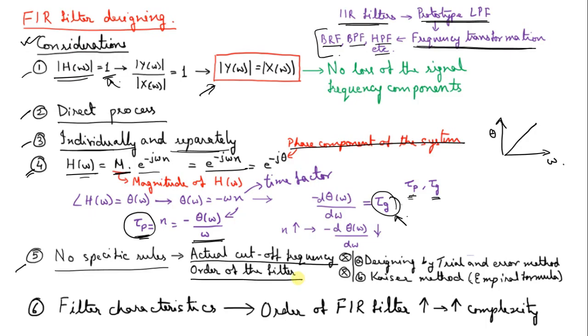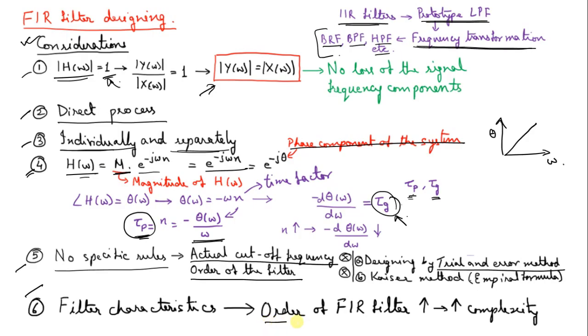So these two things we will not be able to prejudge. Depending upon what we are getting, based on that we will have to design the filters. And why does this happen? This happens because FIR filter designing is basically done by the trial and error method.